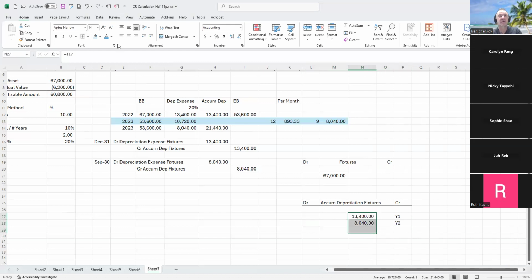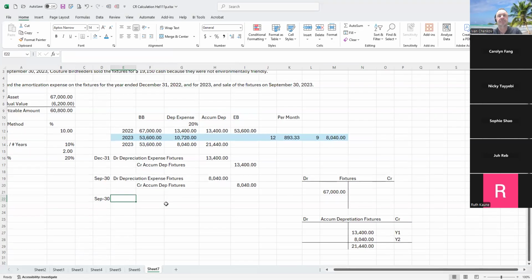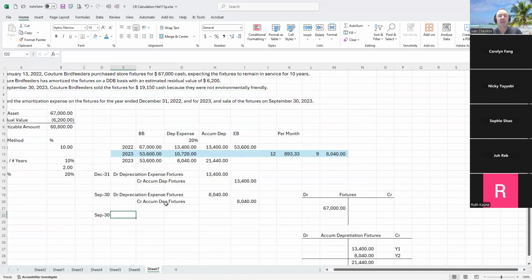The balance right now is 21,400, very much like our schedule. So now on September 30th, somebody is going to give us cash, correct? Let's get the cash. Debit.